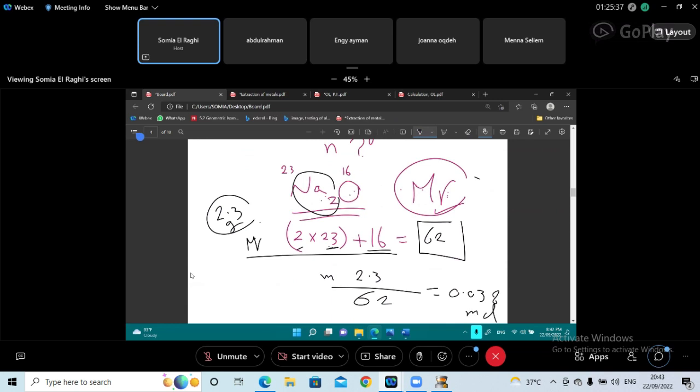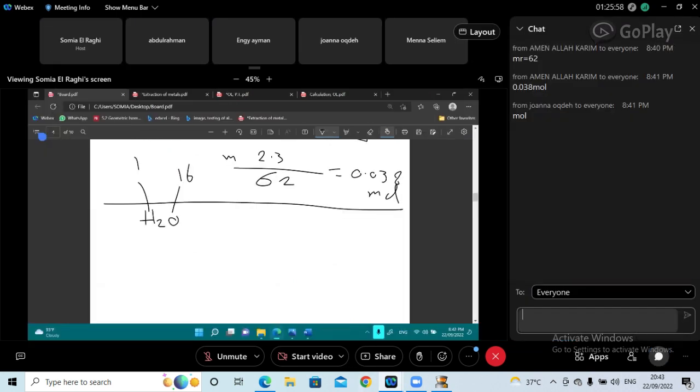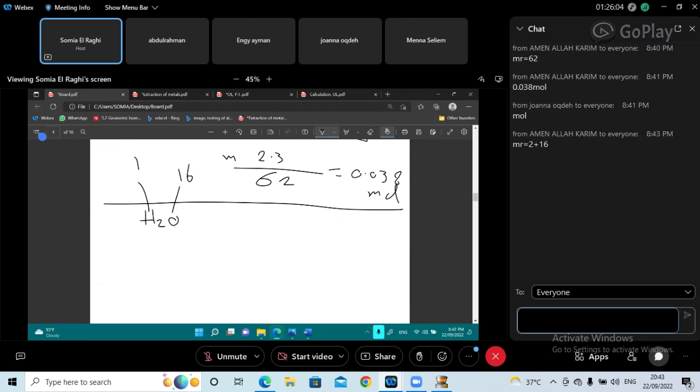Before we go to the next rule, let's practice together how to calculate the MR for different materials. For example, a simple molecule, H2O. Hydrogen is 1 in the periodic table, oxygen 16. How do we calculate this value? What is the MR of this material? Very good.